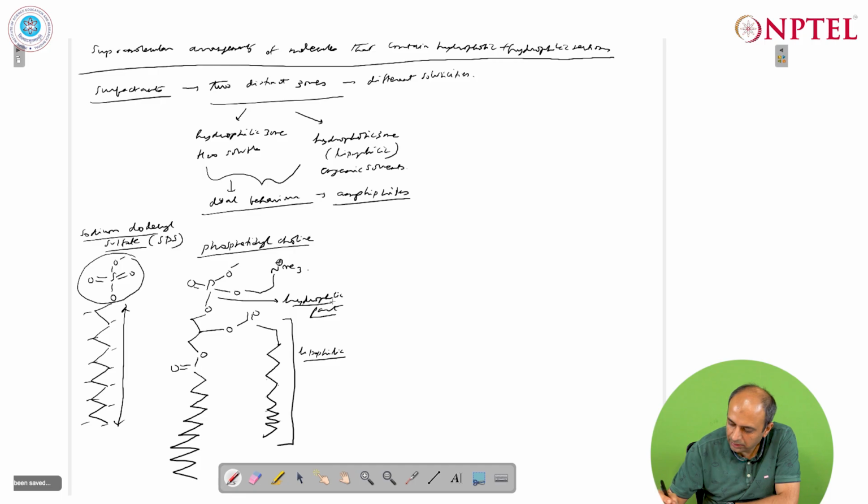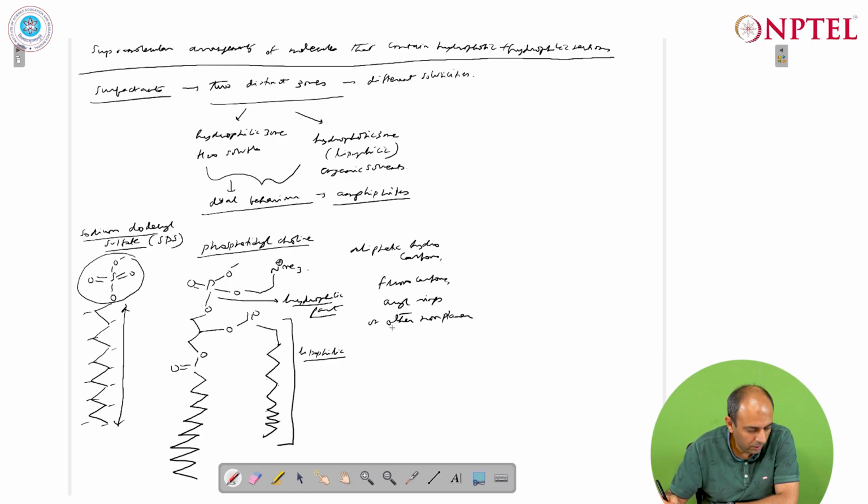and in this case these can be aliphatic hydrocarbons, fluorocarbons, aryl rings, or other, I mean to say, non-polar groups.